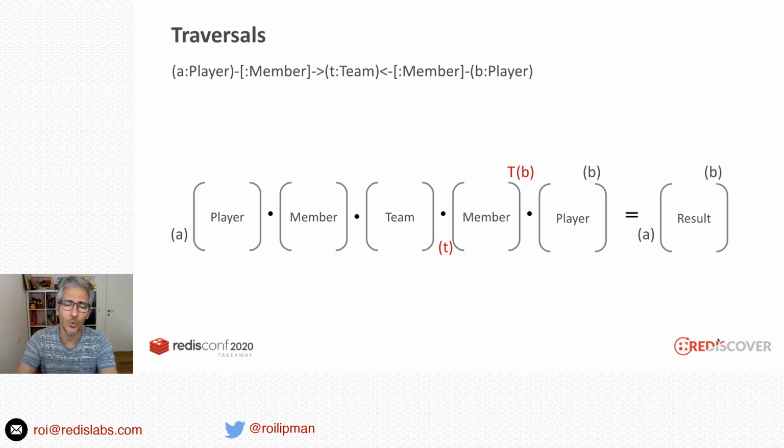And in such situations, we will transpose one of those relationships. So in this case, we can go from A all the way to T by performing player times member times team. But then if we want to continue on from that team to player B, we need to transpose the member matrix.